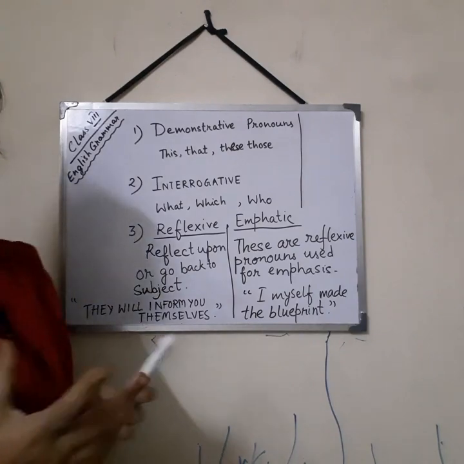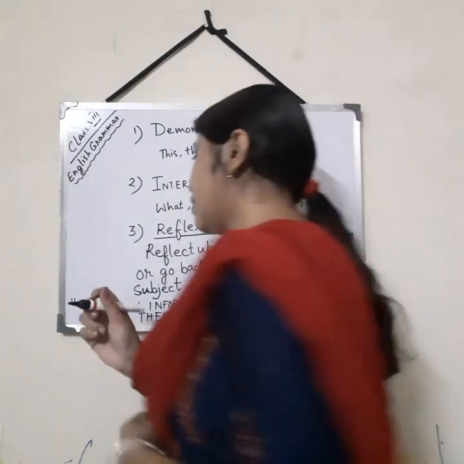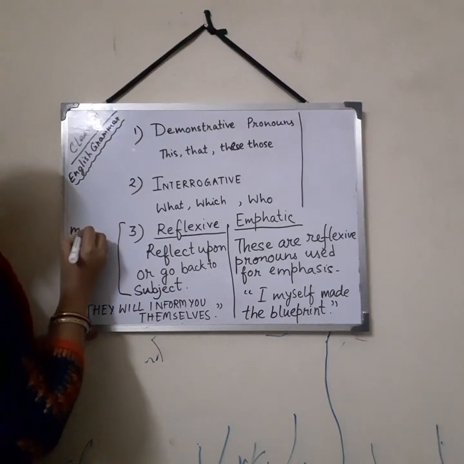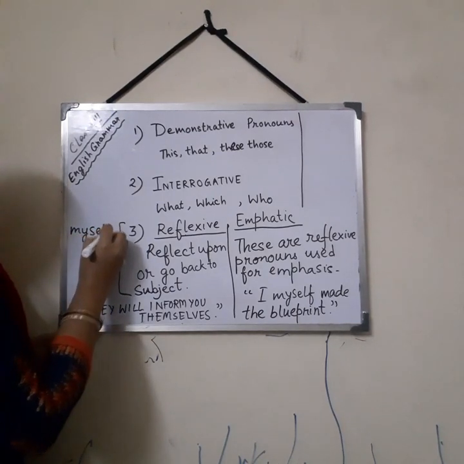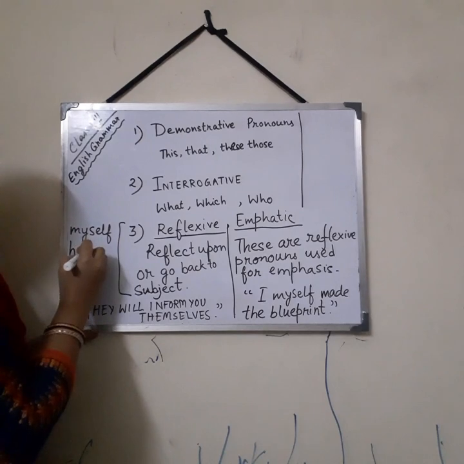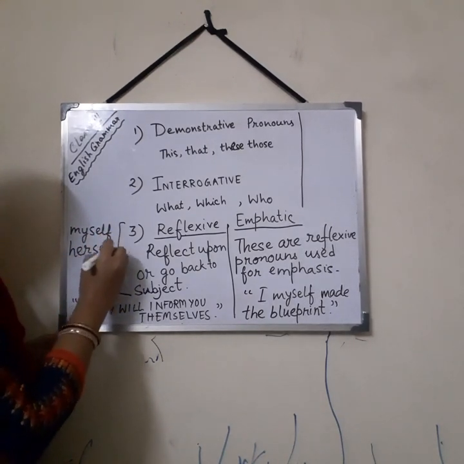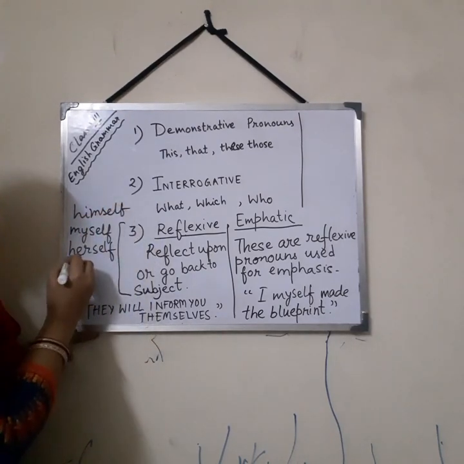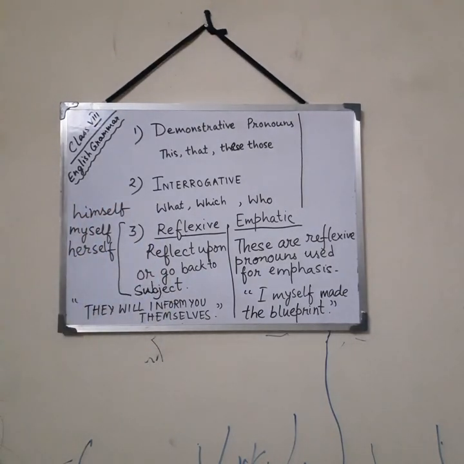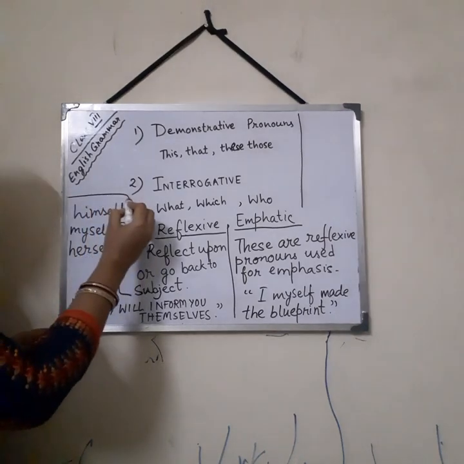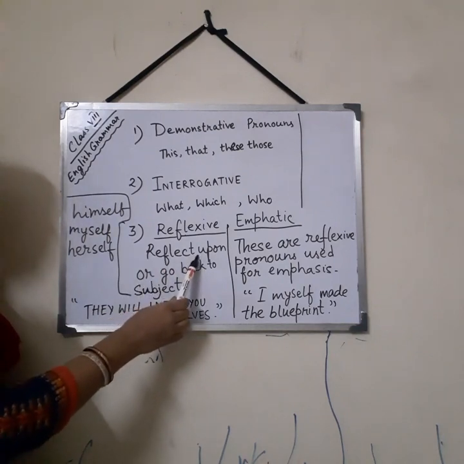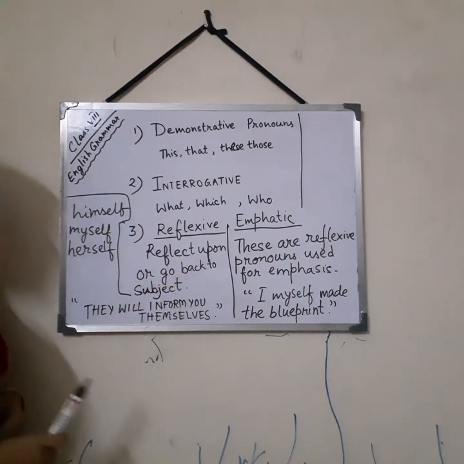Words like myself, herself, himself, themselves, ourselves, all of them are examples of reflexive pronouns. Okay, so reflexive pronouns reflect upon or go back to the subject in the sentence.